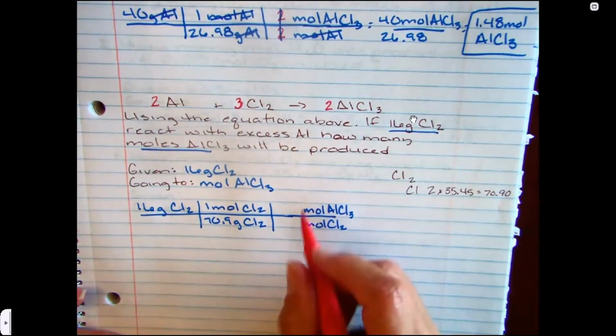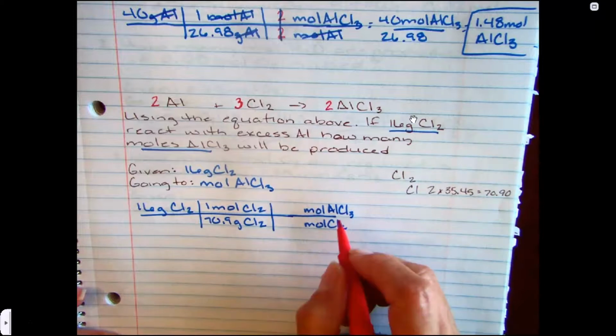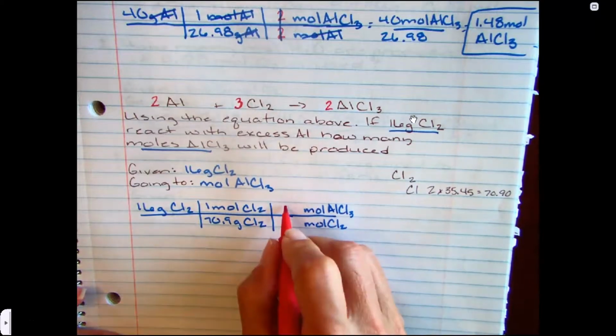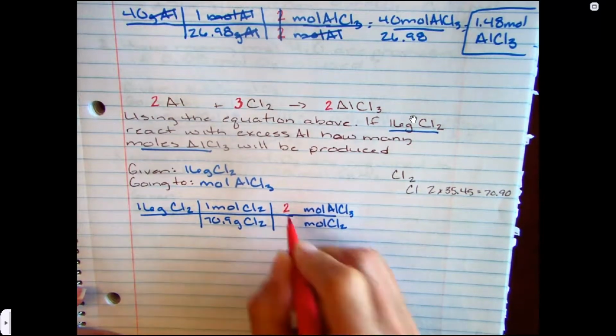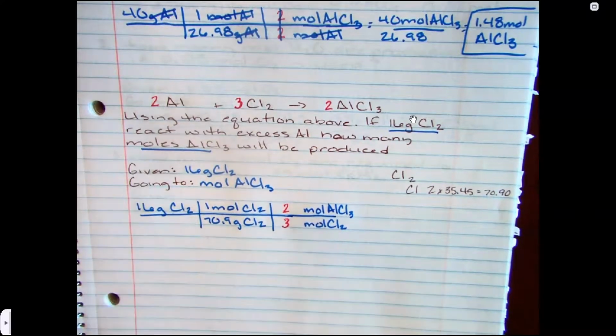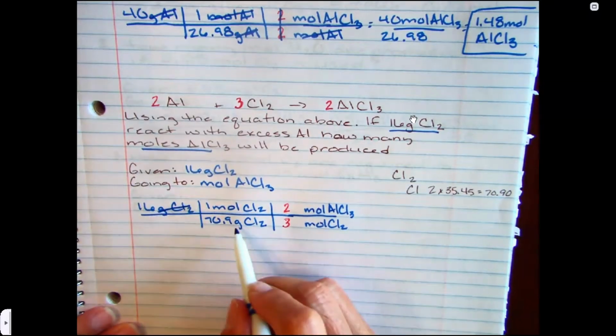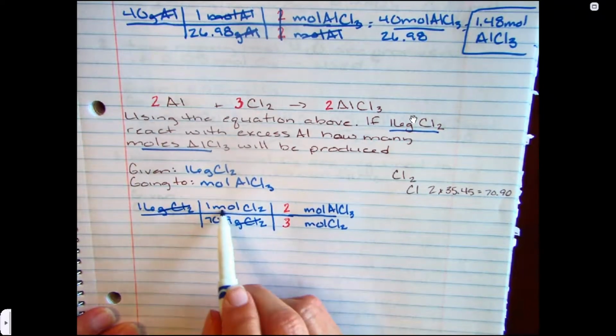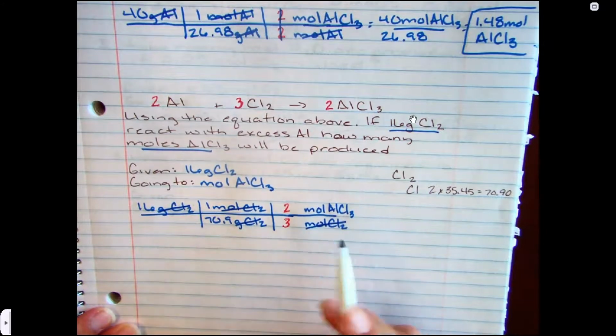Now we need to look up here at our balanced equation. In front of AlCl3 we have a 2. And in front of Cl2 we have a 3. Now let's make sure everything cancels out. Grams of Cl cancel with grams of Cl. Moles of Cl2 cancel with moles of Cl2.